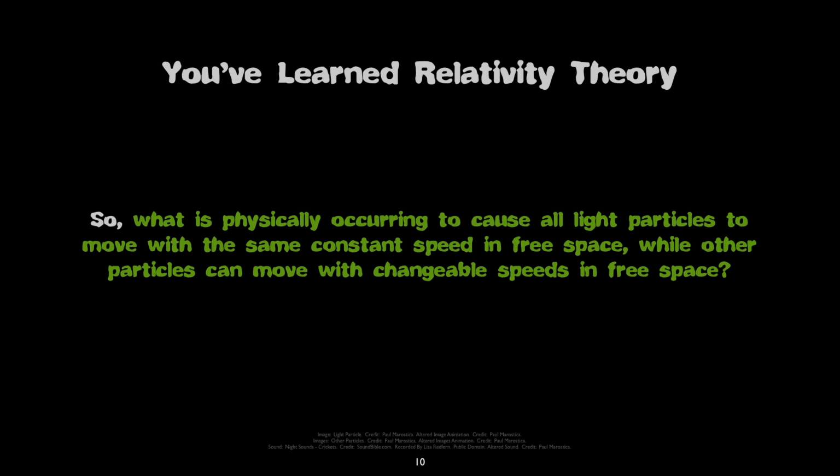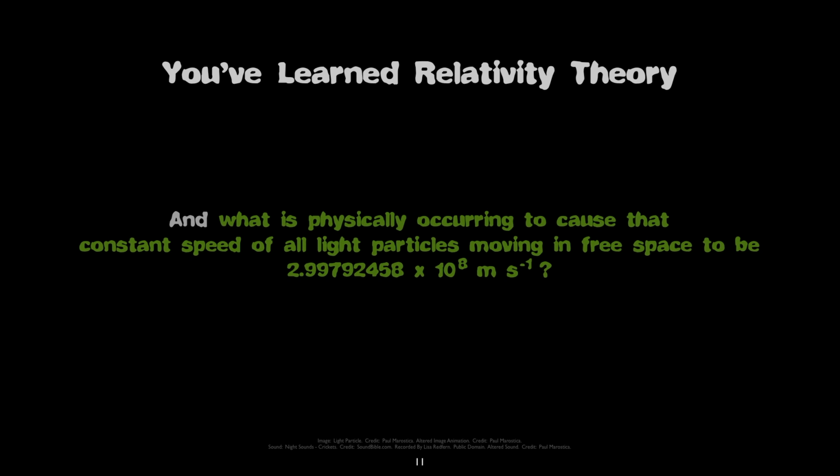So, what is physically occurring to cause all light particles to move with the same constant speed in free space, while other particles can move with changeable speeds in free space? Oh, you did not learn that. And what is physically occurring to cause that constant speed of all light particles moving in free space to be 2.99792458 times 10 to the 8 meters per second?